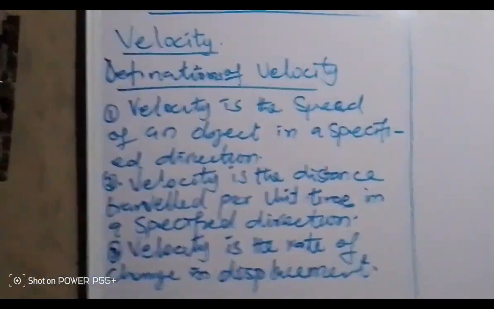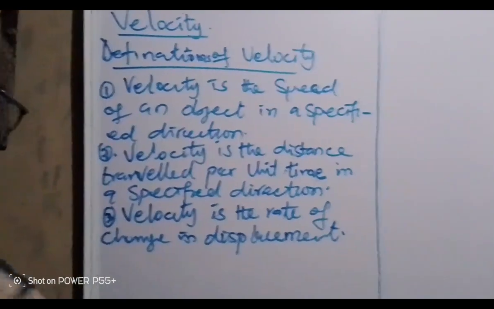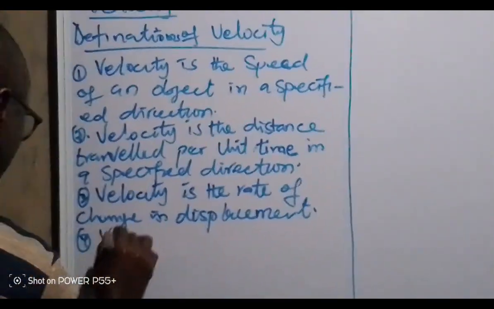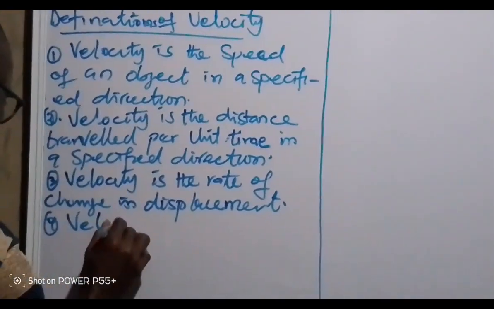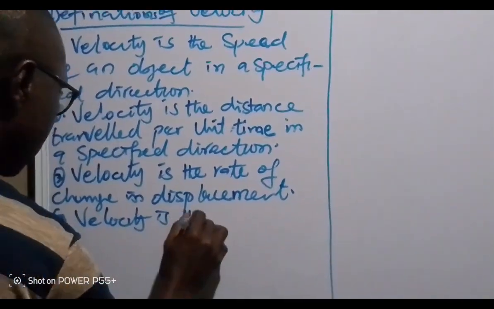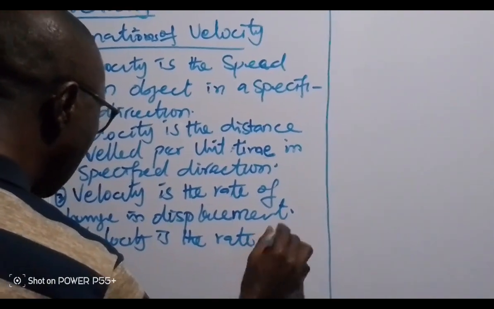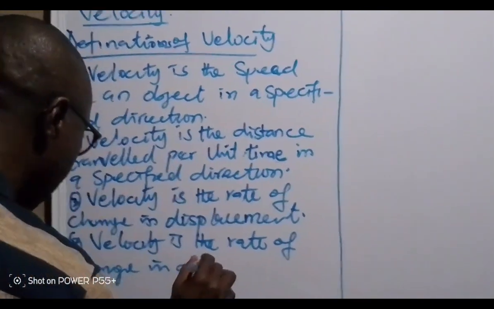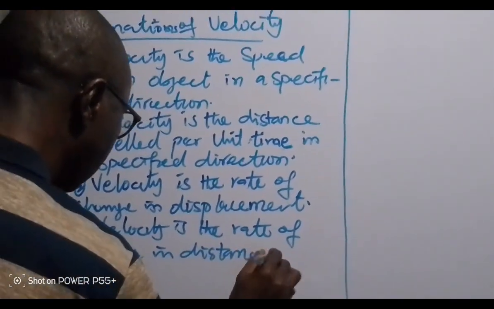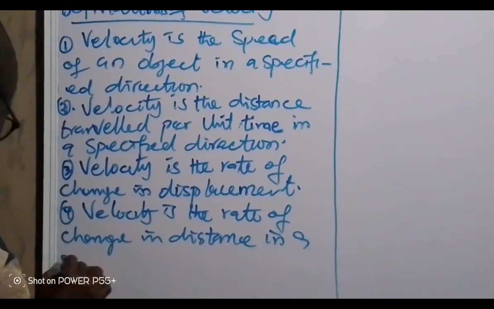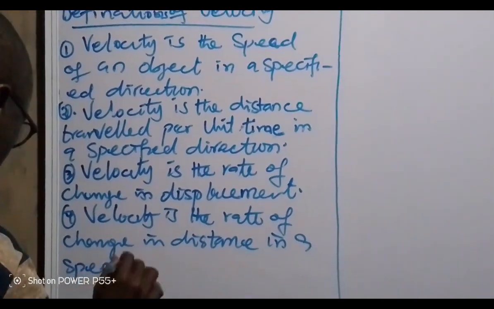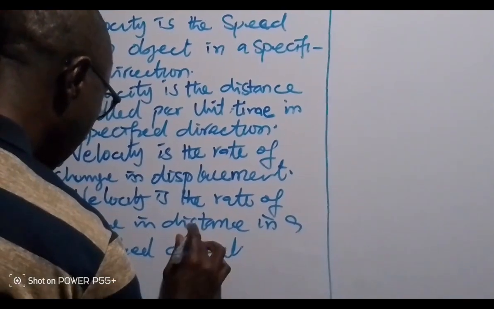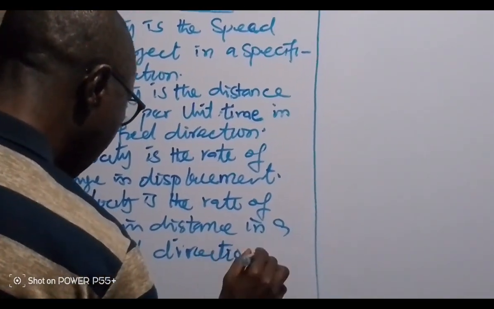So we can say velocity is the rate of change of displacement. In another sense, that's number 4, we can also say velocity is the rate of change in distance in a specified direction.